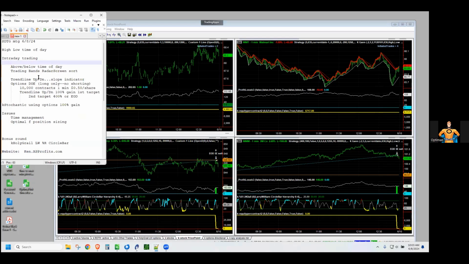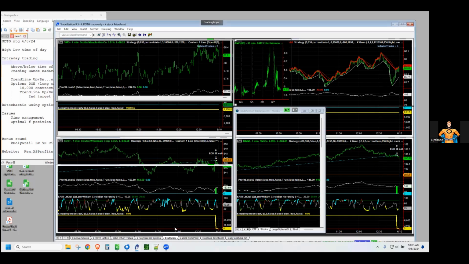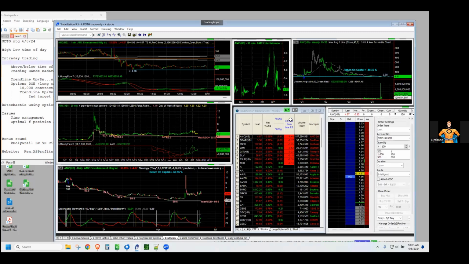Okay, so let's see, trading management. Let's see, I'm just making sure I'm staying on schedule here. Radar screen. Oh yeah, so the sort thing was what I was talking about, and it emphasizes Richard's point. I do sorts on a whole bunch of different things. This particular trend from the time keys off really, really well.